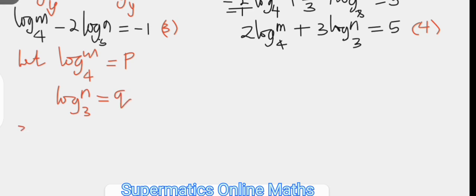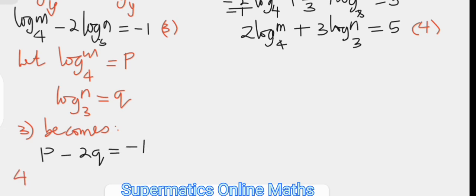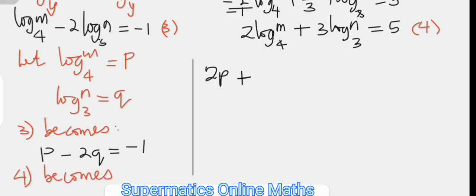Doing this, equation 3 becomes p minus 2q equals negative 1, and equation 4 becomes 2p plus 3q equals 5.